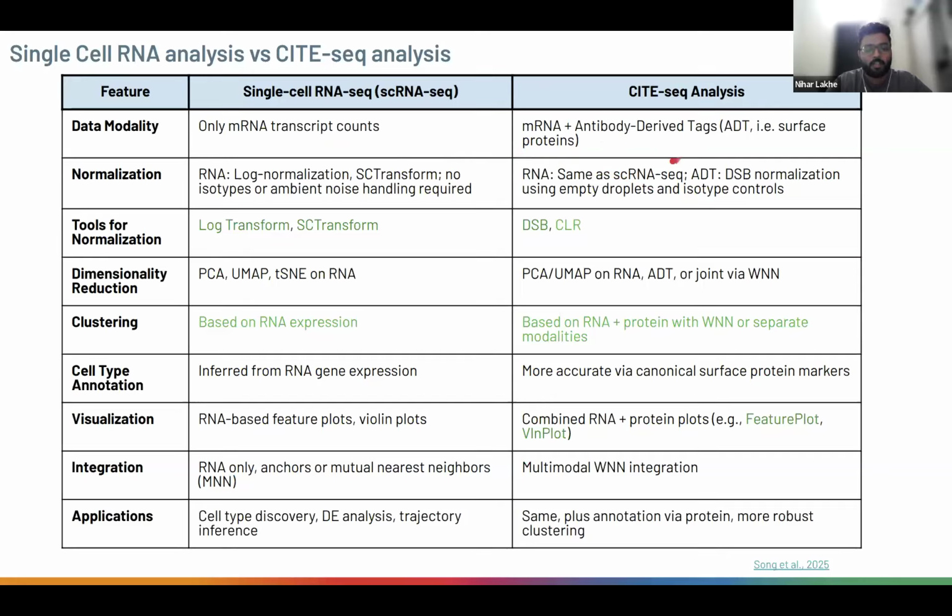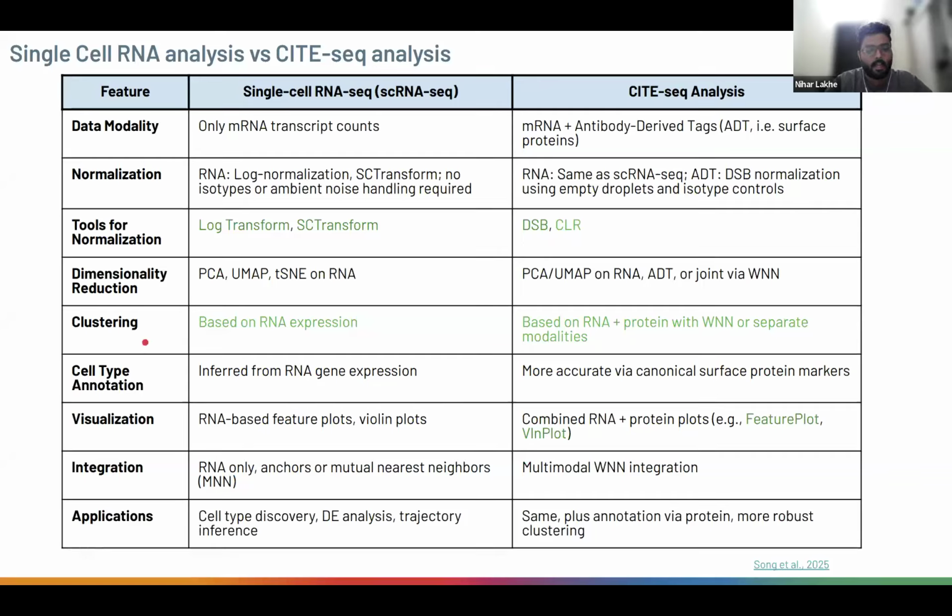Normalization done in single-cell RNA-seq is log transform to normalize the RNA counts. We utilize a similar normalization method in CITE-seq to normalize the RNA counts. But for protein normalization, we utilize methods called DSB and CLR, which Raj will talk about in detail in coming slides. Now coming to the important feature of both these technologies, clustering.